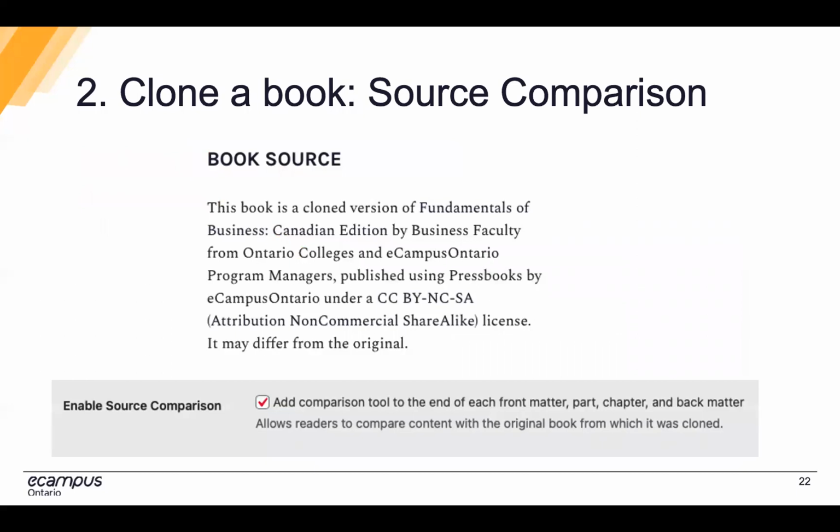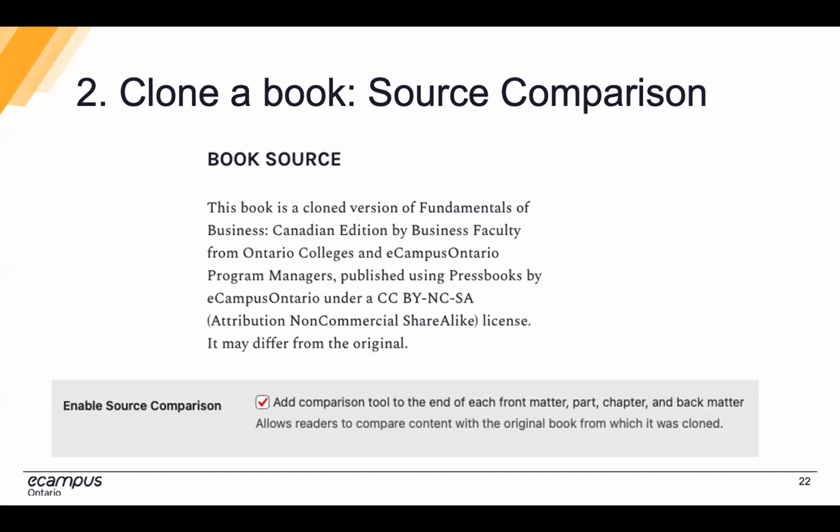It's also good to note that when you do clone a book, you can add a source comparison. So it's a handy little tag at the bottom indicating the book's source and linking back to the original source. This helps readers understand the version of the book that they're looking at, and you can even enable side-by-side source comparison to show readers exactly what has changed in your version compared to the version that you're cloning.